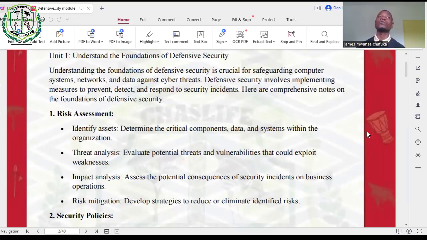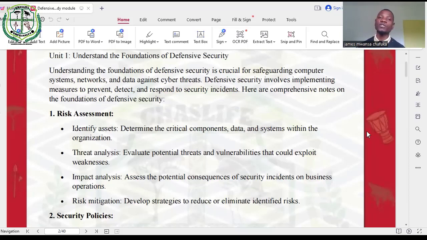So you should be able to identify the systems within the company, within the organization, within the institution. Very important. All this falls under risk assessment.